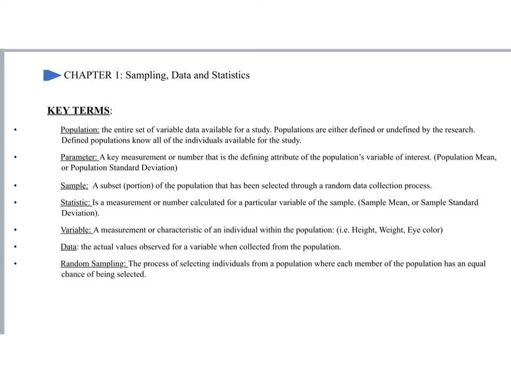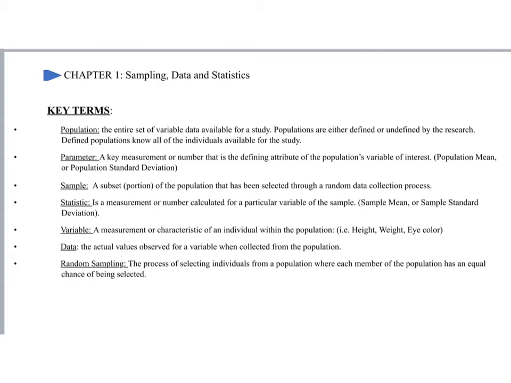Sample: a subset or proportion of the population that has been selected through a random data collection process. Statistic is a measure or a number calculated for a particular variable of the sample. Typically, we will see in the chapters sample mean and sample standard deviation.